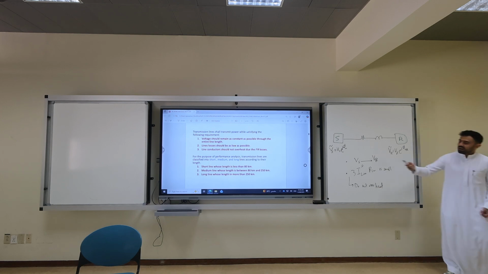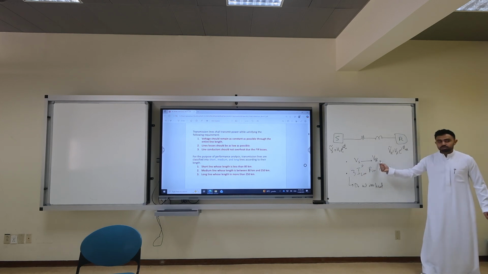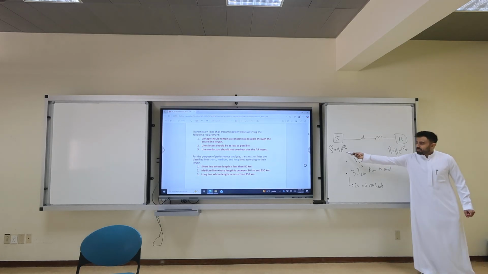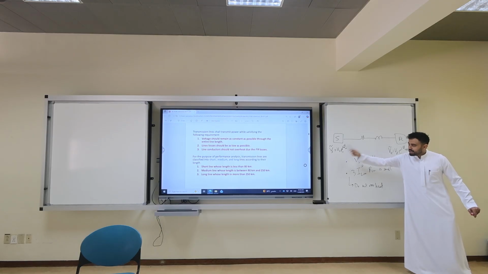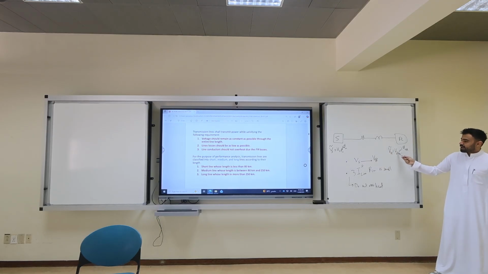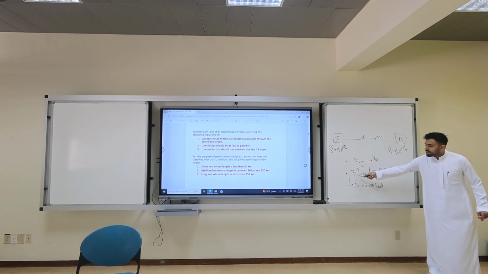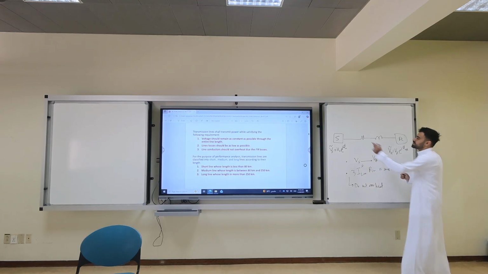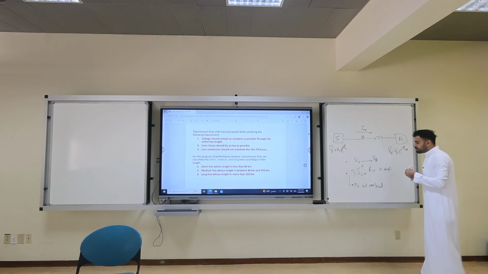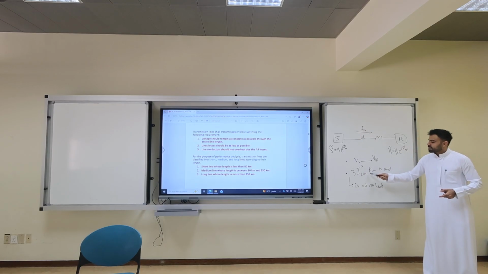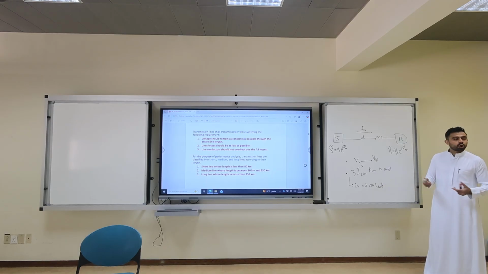So our goal is to have Vs close to Vr in magnitude, I don't care about angles, and the 3 I line squared R, which is the losses in the transmission line, is minimized. I line is the current here.